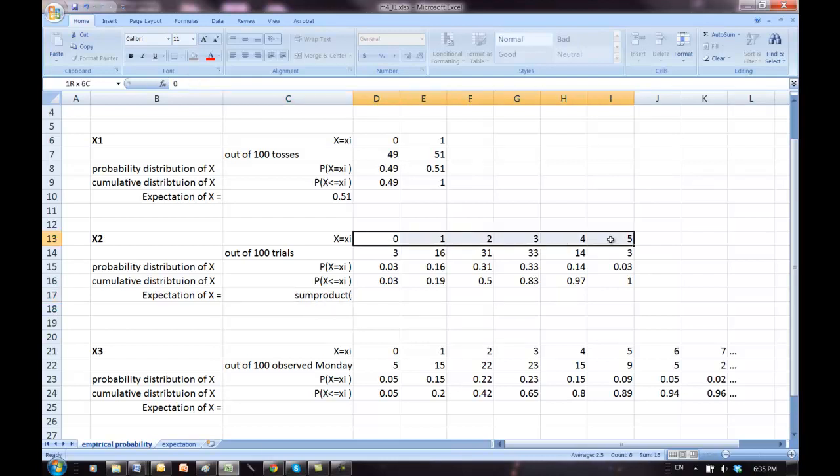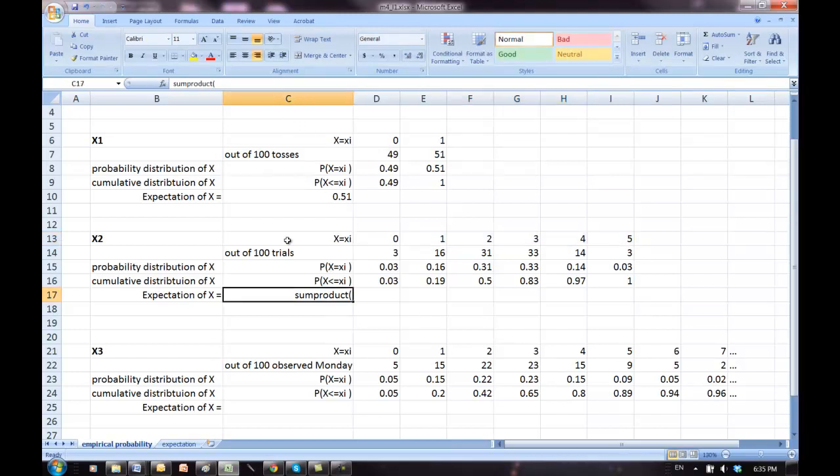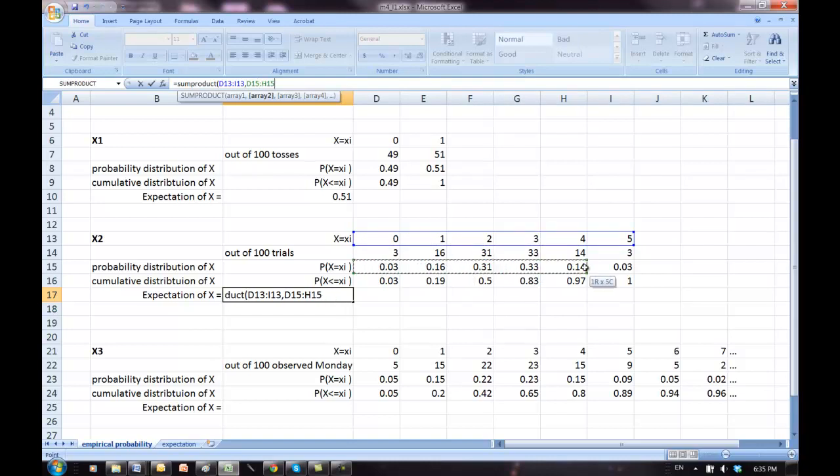the possible values in the first array. Here I forgot to put an equal sign. The sum product, the first array includes all the possible values, and the second array pairs them up with their corresponding probability.